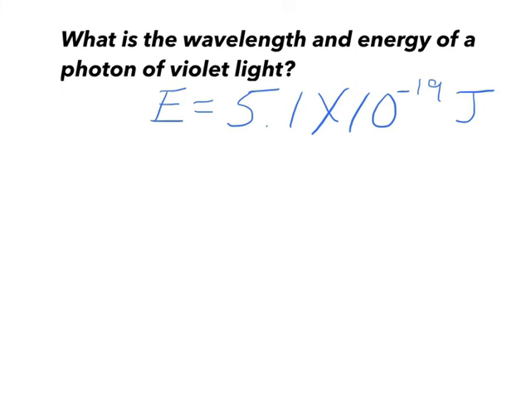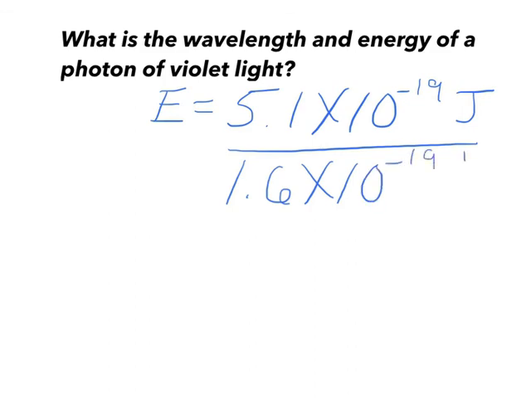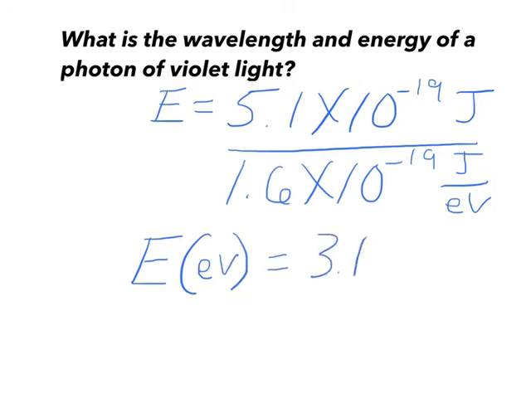So we can also get the energy of a photon of violet light in electron volts. So let's do that. What I'm going to do is take the energy of this photon in joules, 5.1 times 10 to the negative 19, and divide it by my conversion factor of 1.6 times 10 to the negative 19 joules per electron volt, which I looked up on the reference tables, and find out that the energy of a photon in electron volts is 3.19. And this is a conversion that I'm going to need to do in the future.